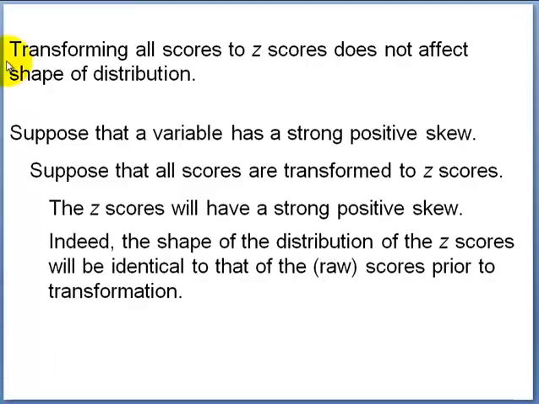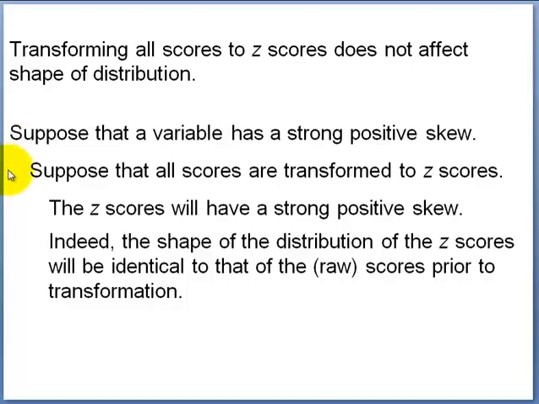It is also the case that transforming all scores to z-scores, in other words, carrying out the z-score formula for each case and then looking at the distribution of the z-scores, doesn't affect the shape of the distribution. Suppose, for instance, that a variable has a strong positive skew.